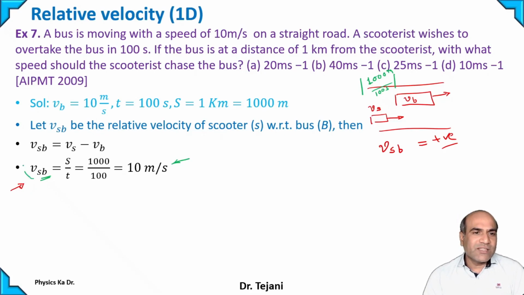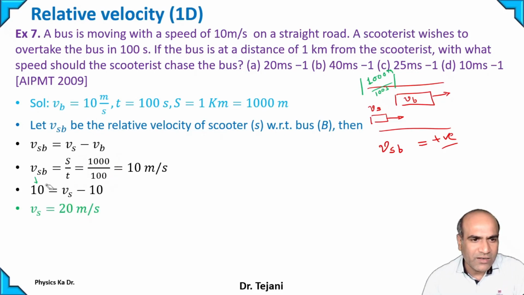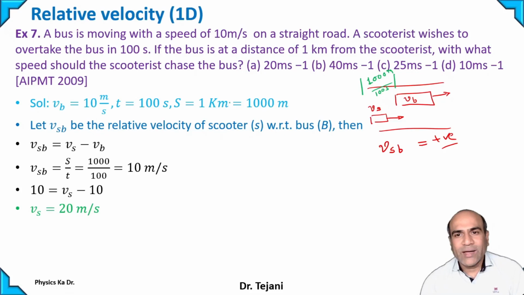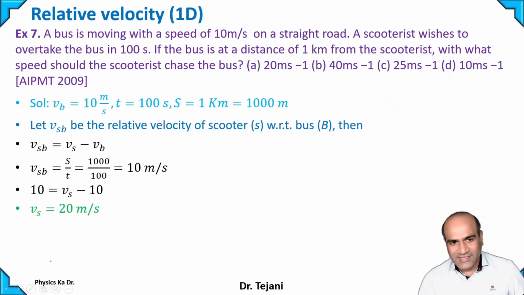Put this relative velocity in this equation and you will get the answer. VSB is 10. We need to find VS, the scooterist velocity. What is the velocity? The scooterist has to run his scooter at 20 meter per second. Very interesting question.